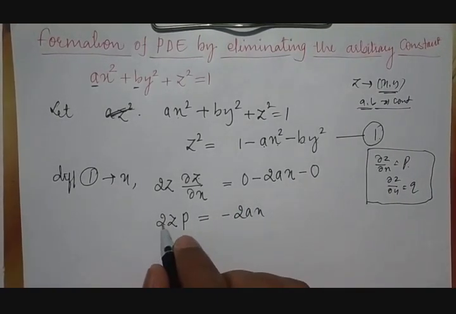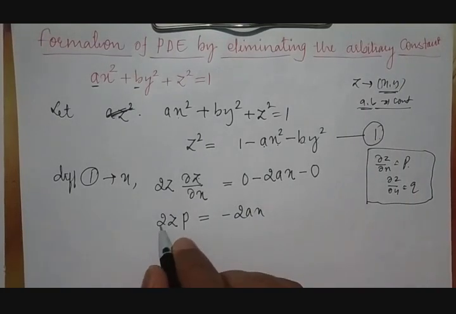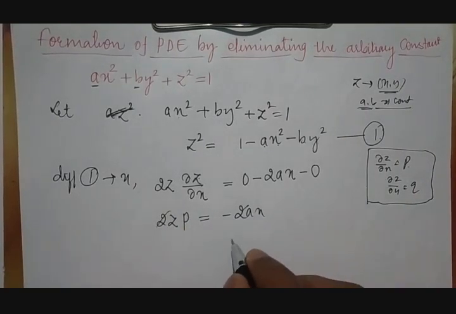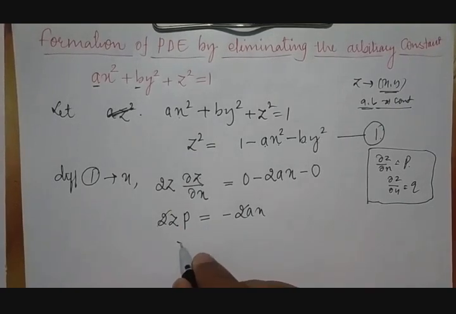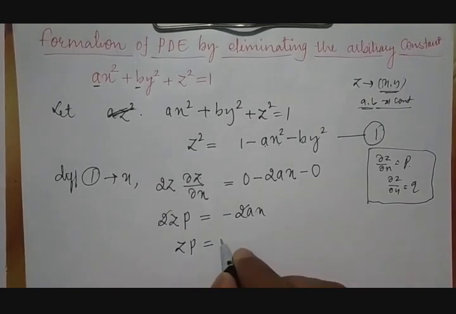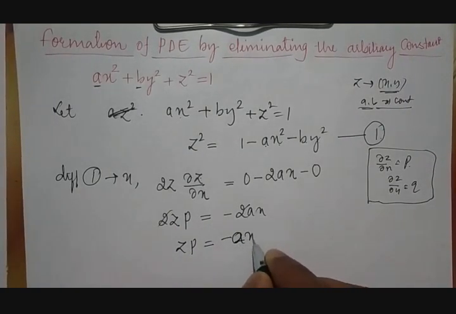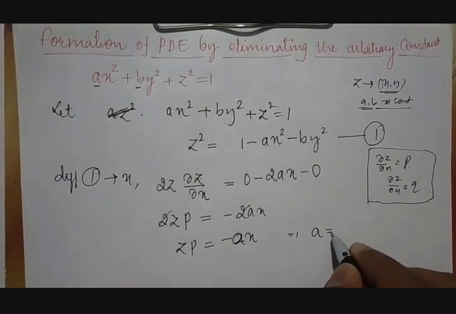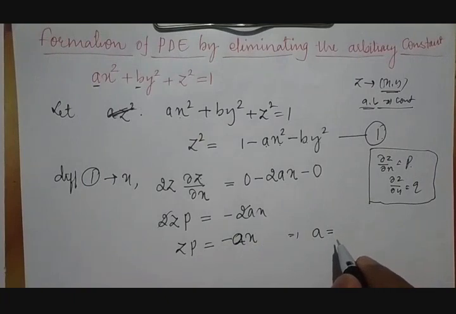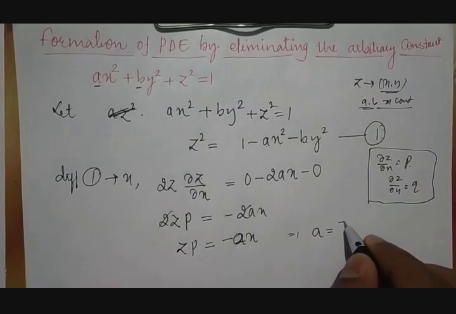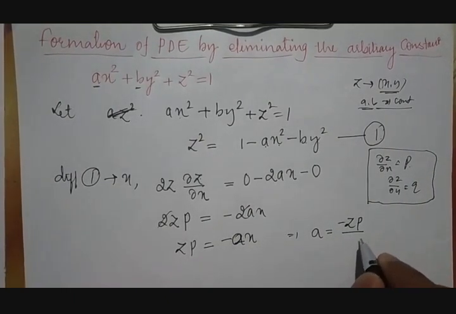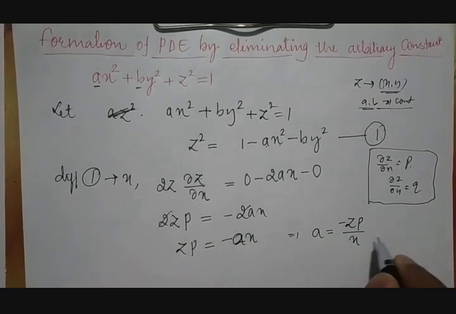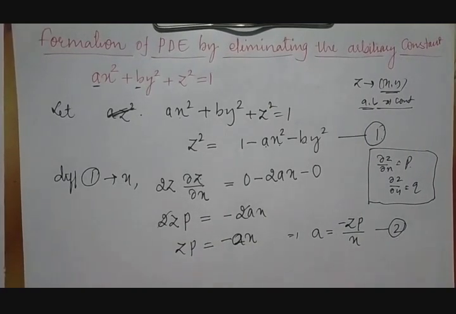On both sides 2 is there, so it gets cancelled, and it becomes zp is equal to minus ax. If we find the value of the arbitrary constant a, it becomes a is equal to minus zp divided by x. We call it equation number 2.